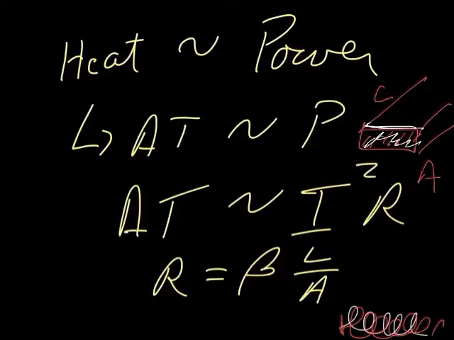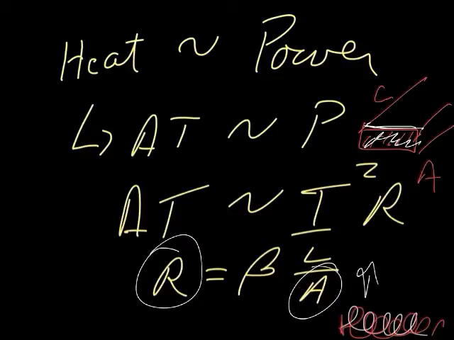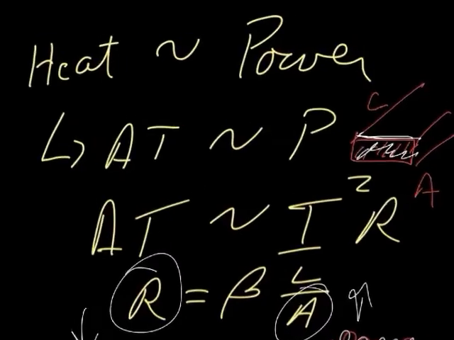So if I increase the area, my resistance, what? If the area goes up, my resistance goes down. If I want to get more power out of this thing, or make the temperature move more, then I would want to decrease the area, right?